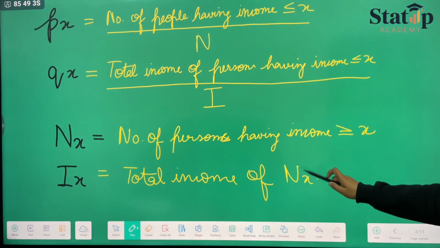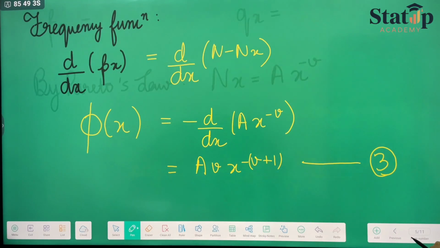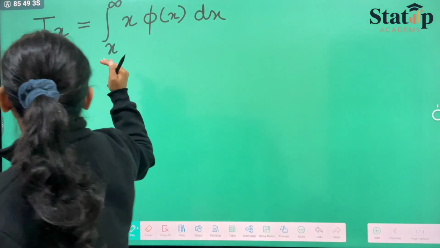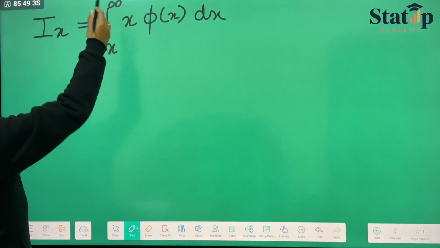The total number of people having income greater than or equal to x is represented by Ix. So we have taken it in the form of integration, people having income greater than or equal to x, from x to infinity.